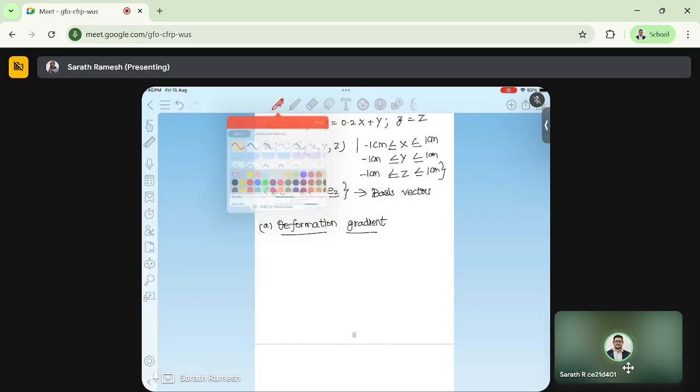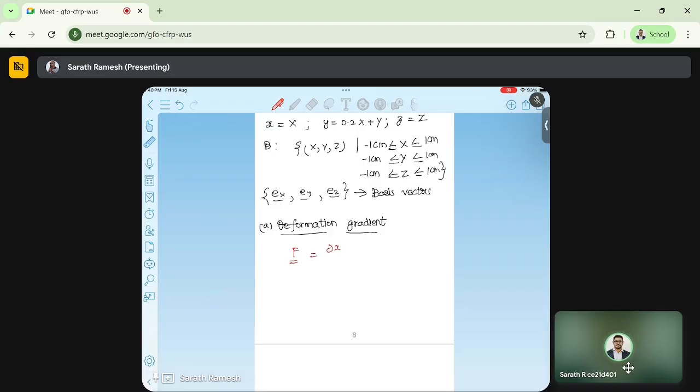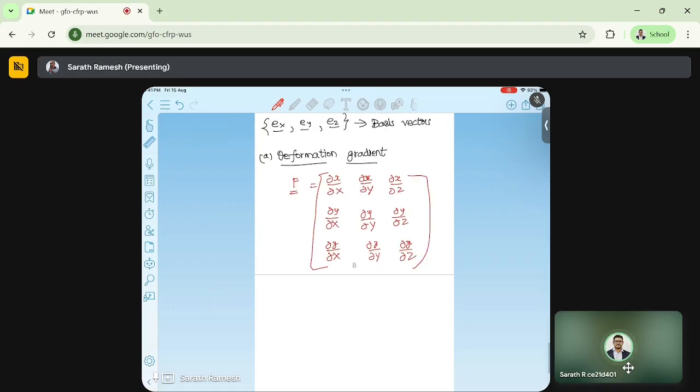We just saw the formula: dou x by dou capital X, dou x by dou capital Y, dou x by dou capital Z, dou y by dou capital X, dou y by dou capital Y, dou y by dou capital Z, dou z by dou capital X, dou z by dou capital Y, dou z by dou capital Z. This is the formula for the deformation gradient.